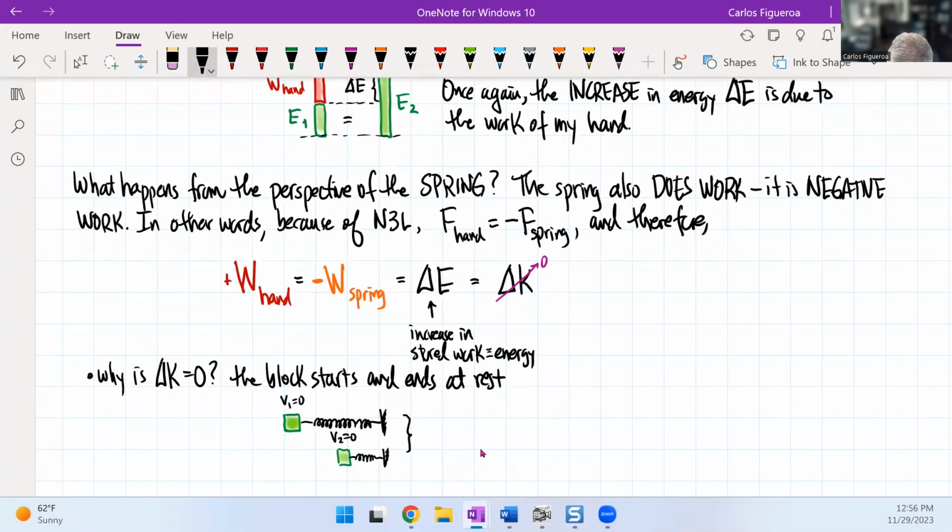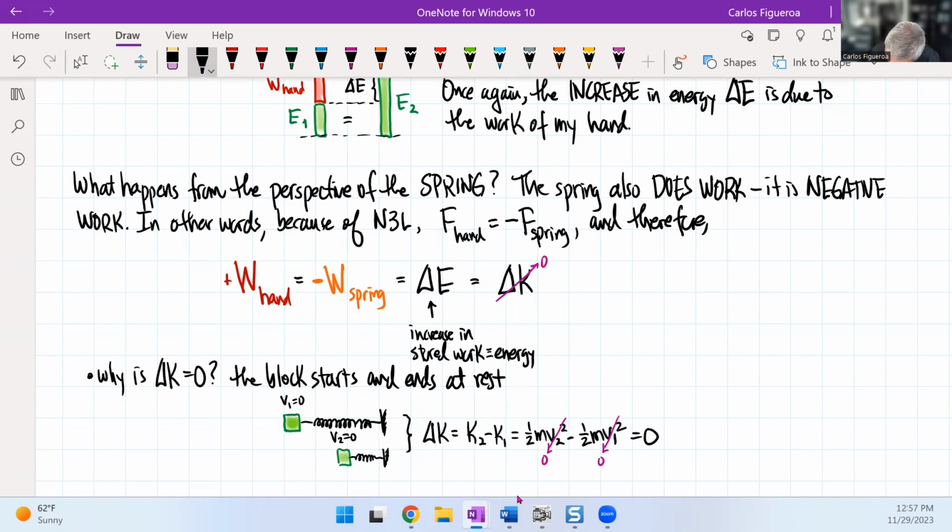So what this tells me is that the change in kinetic energy, which is 1/2 v2 squared minus 1/2 v1 squared, starts off initially with a speed of 0, and finishes with a speed of 0. Therefore, the change in kinetic energy must be 0.